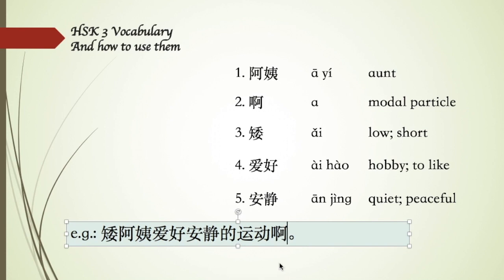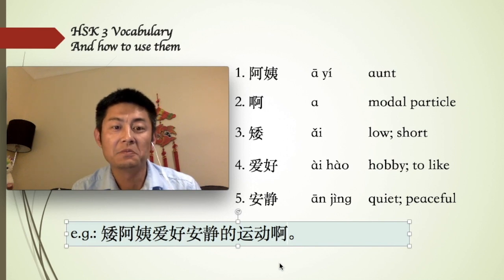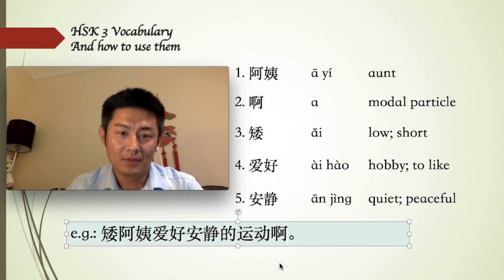So, short 阿姨 likes quiet sports as a hobby. Yeah. So, 矮阿姨 short 阿姨 likes quiet sports as a hobby. Yeah. We did it. That's a great sentence.